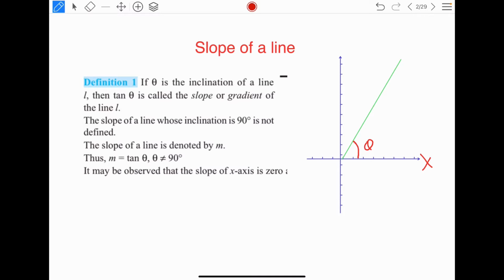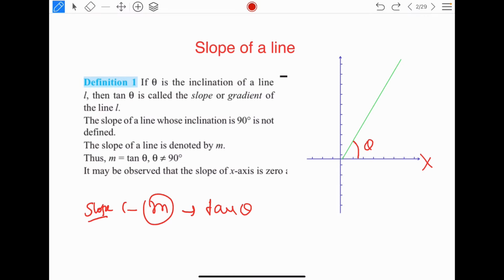The slope of the line is denoted by m, and is your tan theta. This is your slope. So if theta is the angle made by the line with the positive direction of the x-axis, the tan of that angle, tan theta, is the slope of the line.